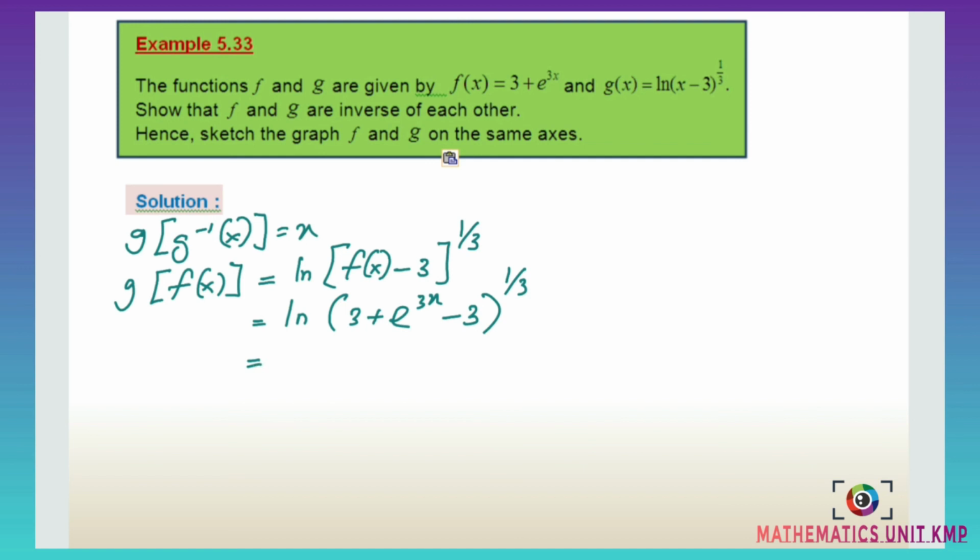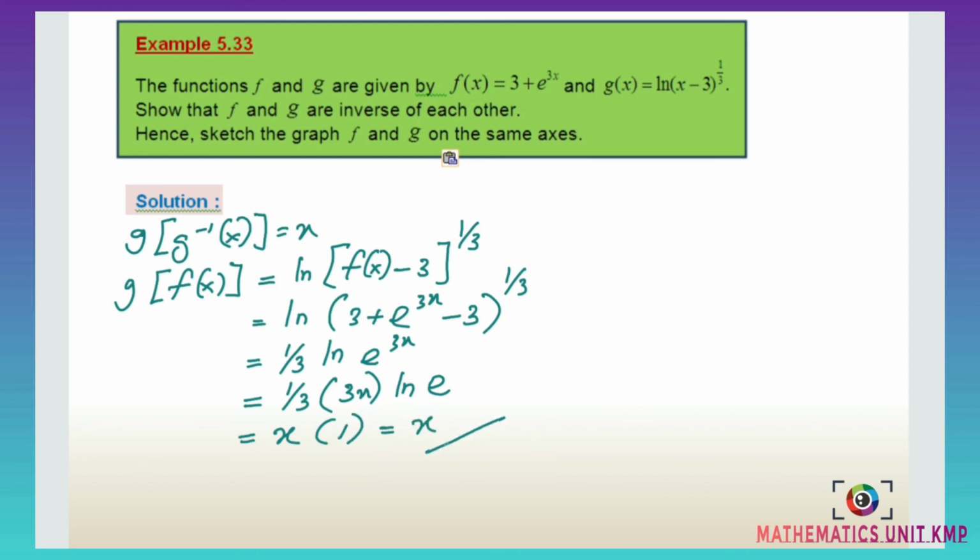By using the power rule, 1 over 3 ln, 3 minus 3 is 0. Therefore, ln e to the 3x. And the second time, by using the power rule, 1 over 3 times 3x ln e. 1 over 3 times 3x is x. And ln e is 1, equal to x.